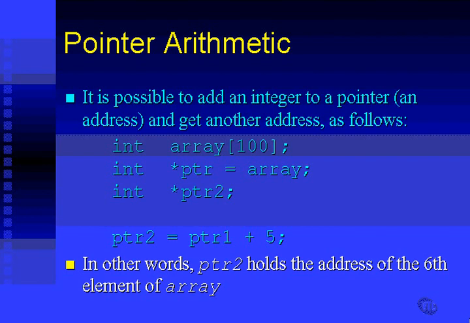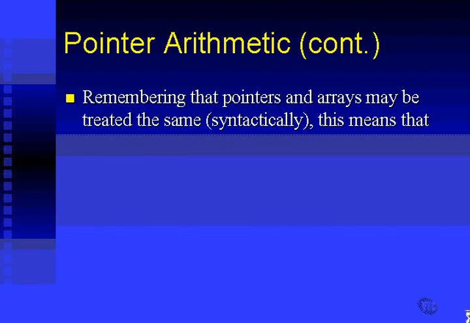Anyway, let's have a look at a bit of a summary of what we're trying to get at here. Now, remember that pointers and arrays can be almost interchanged, at least syntactically they can be interchanged. What we've got is this expression, PTR2 equals the address of the 6th element of PTR1, or it's the address of the 6th element of the array, whichever way you like to look at it.